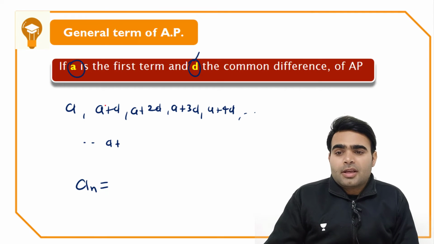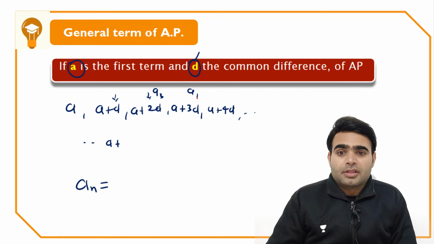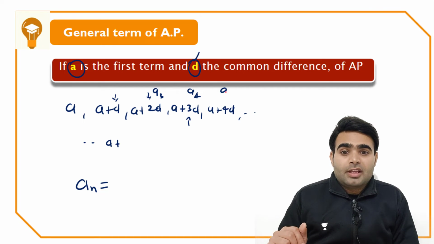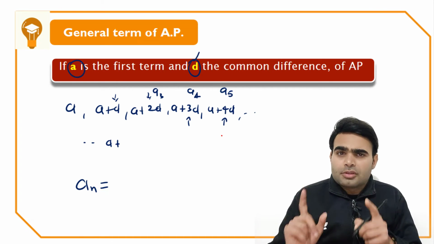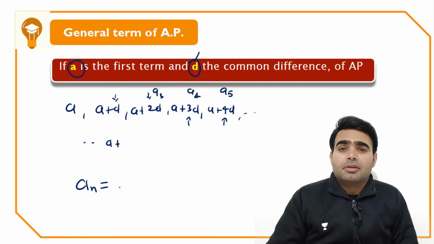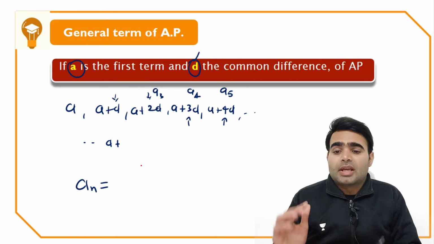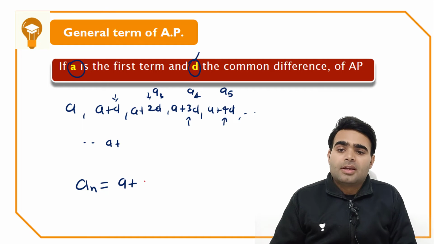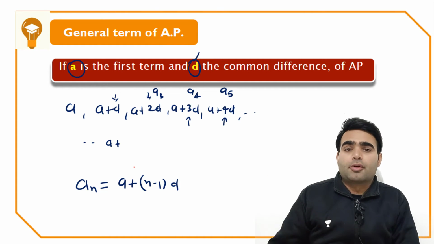In the second term we get 1D, in the third term, A3, we get 2D, in A4 we get 3D, in A5 we get 4D. That simply means in An we get one number less, so this will be A plus (n minus 1) D.